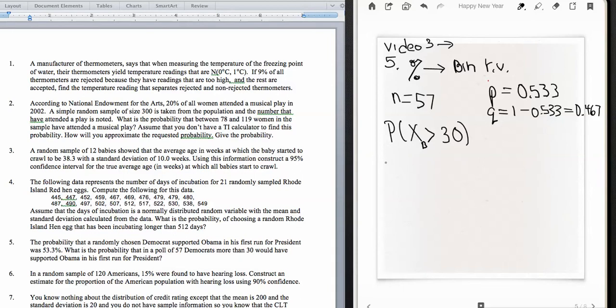Now, to do this probability, I need to first of all say, oh, wait a minute. The TI calculator doesn't do greater than, right? So TI doesn't do this. So I can't do this greater than. I only can do 1 minus the probability that X of binomial is less than or equal to 30.